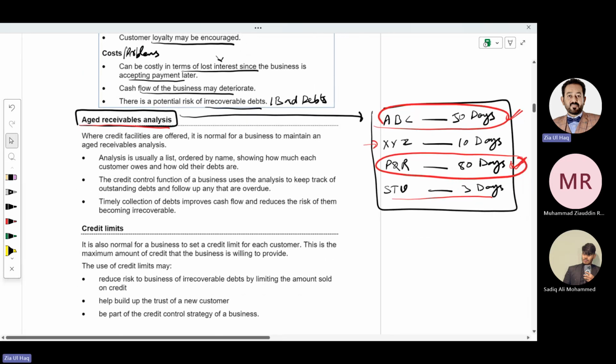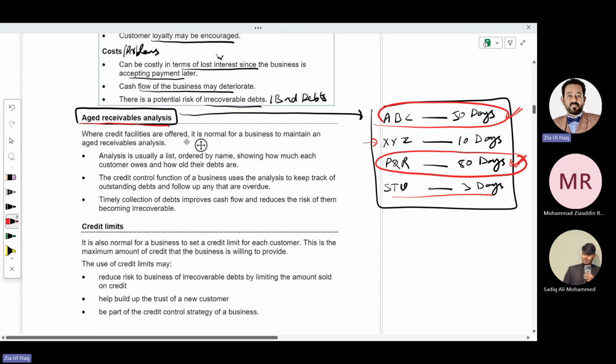So let's read. Where credit facilities are offered, it is normal for a business to maintain an aged analysis. The analysis is usually a list ordered by name showing how much each customer owes and how old their balances are. The credit control function of a business uses the analysis to keep track of outstanding debt and follow up any that are overdue.